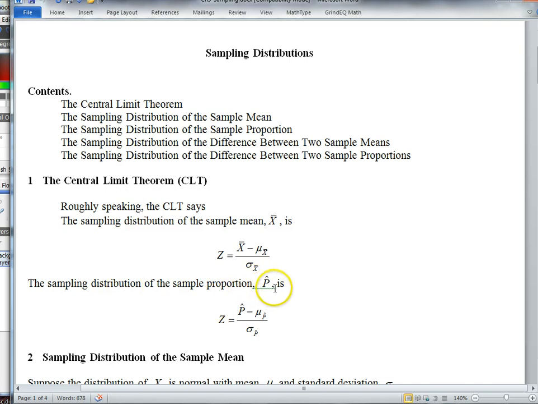Now you focus on not the number of successes, but the proportion of successes. You subtract the mean, then divide by the standard deviation, or the standard error, and that should be a bell shape. And that's what the central limit theorem roughly says, provided that n, the sample size or the number of trials, is large.